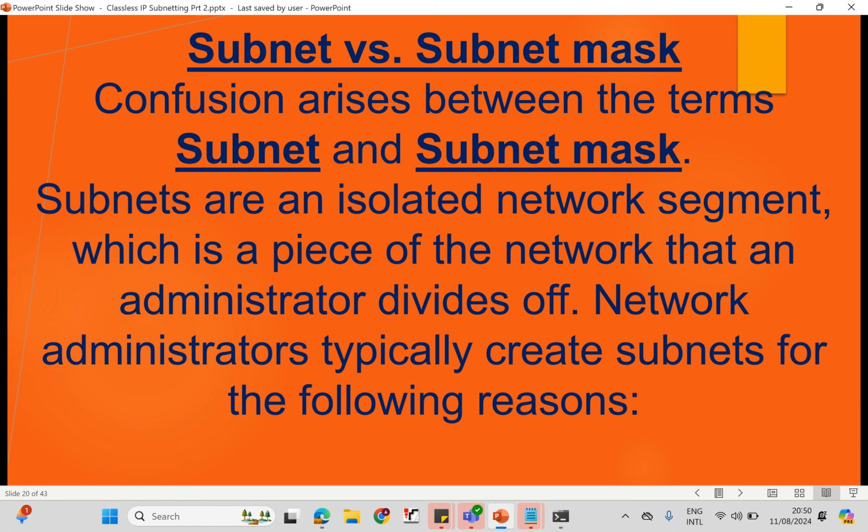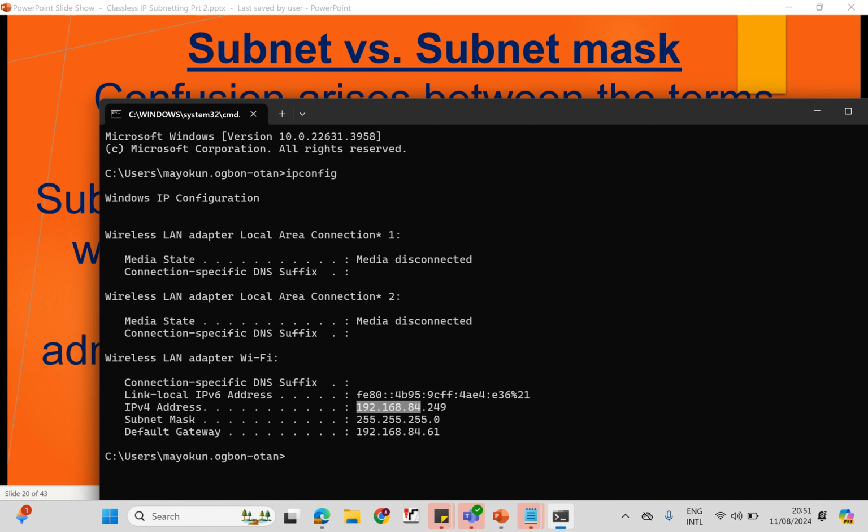So let's look at what is the difference between subnet and subnet mask. They are different. When you hear the word subnet, it's a different thing from subnet mask. Now, when I showed you my IP here a few minutes ago, this is my IP address, but this is my subnet mask.